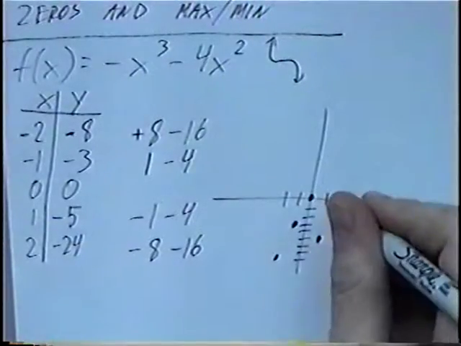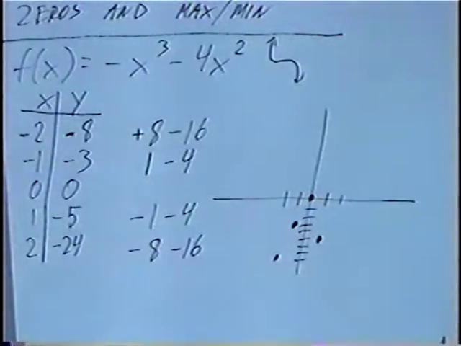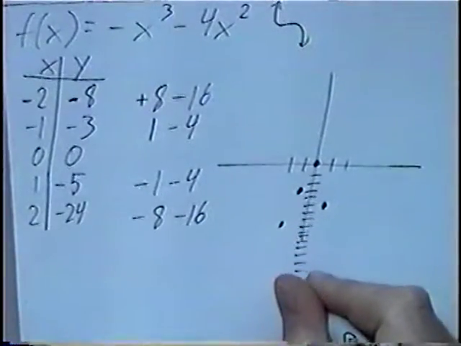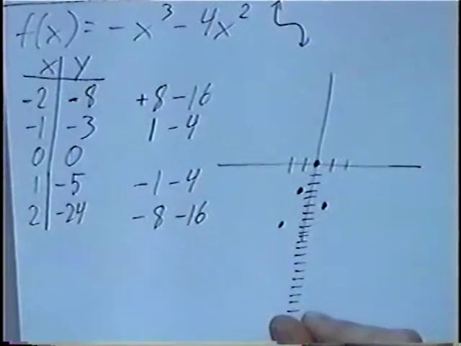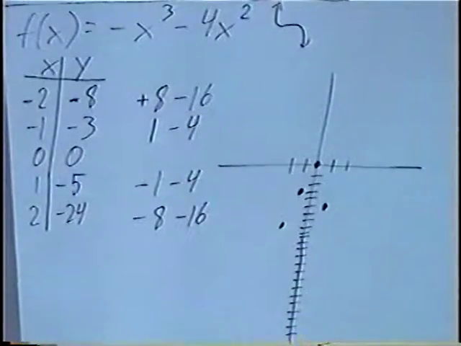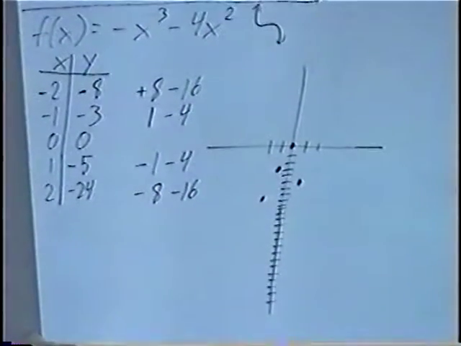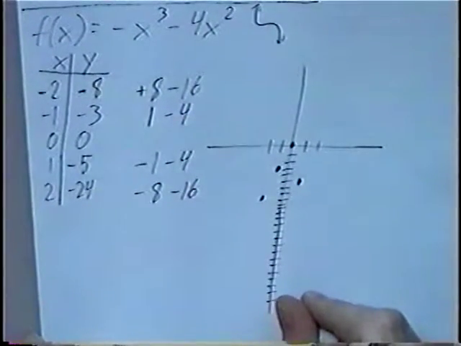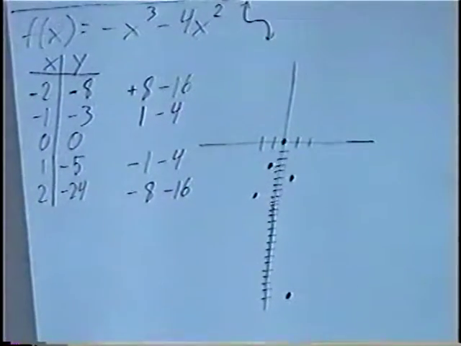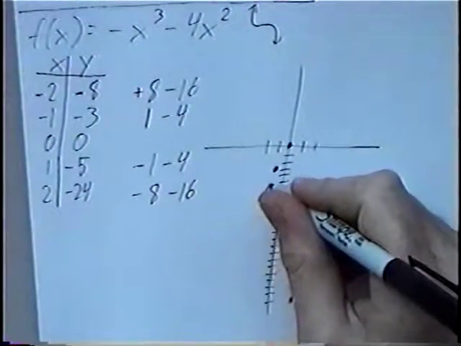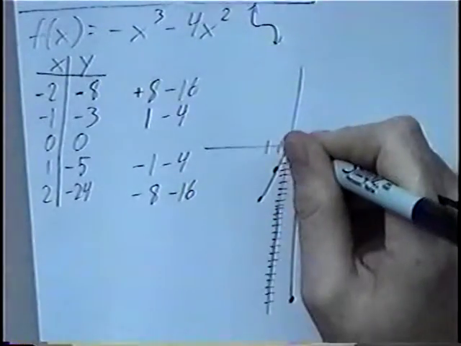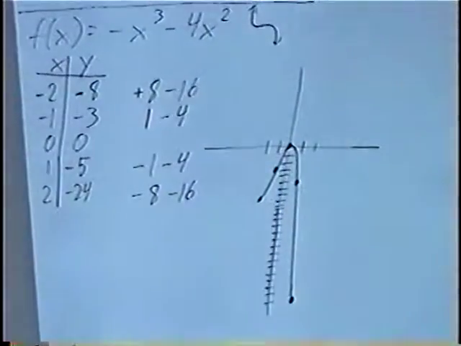And 2, negative 24. The 5 points again, we can connect in order from left to right. And that'll be the graph for this function so far.